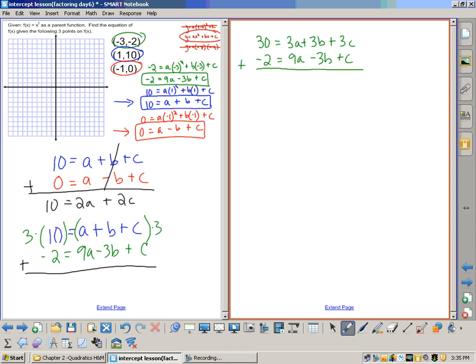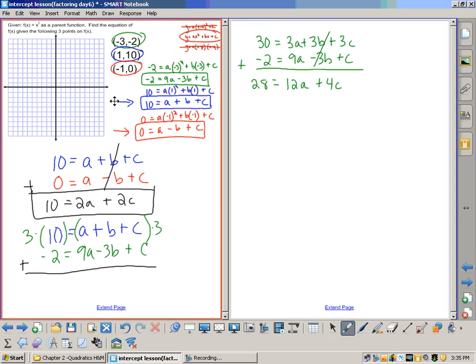Alright, so I get 28 equals 12a. My b's are going to cancel, plus 4c. Okay, so now I am down to two equations here.